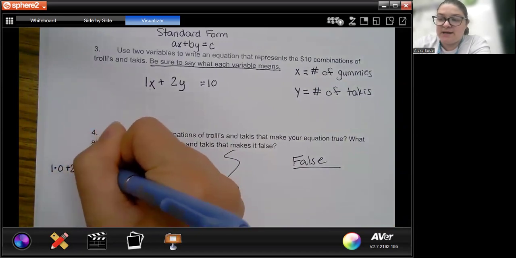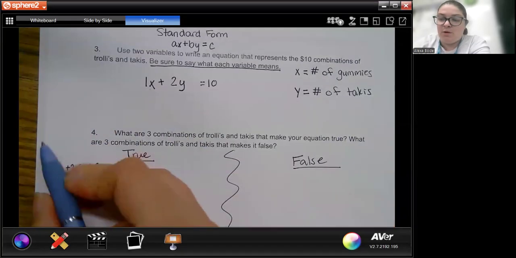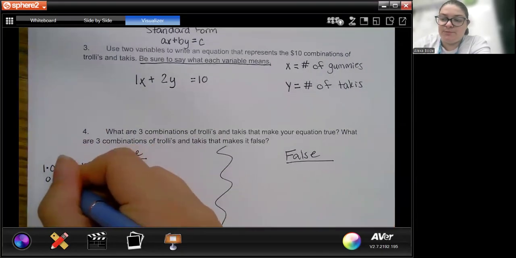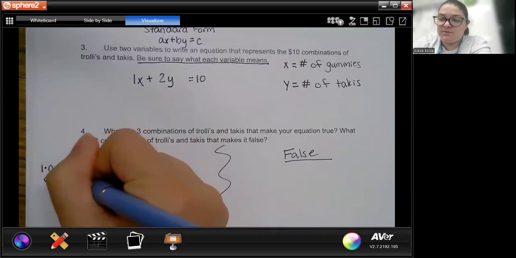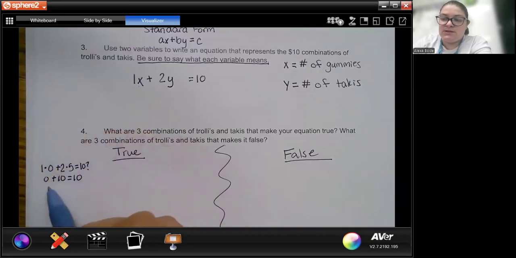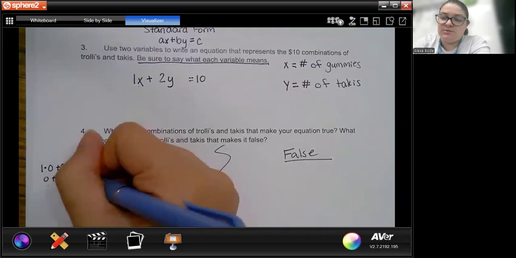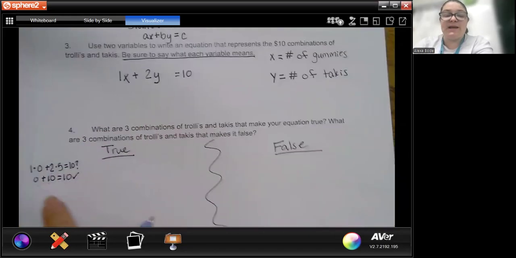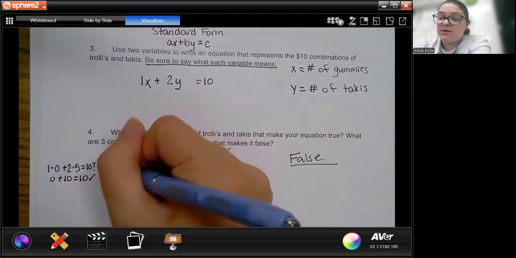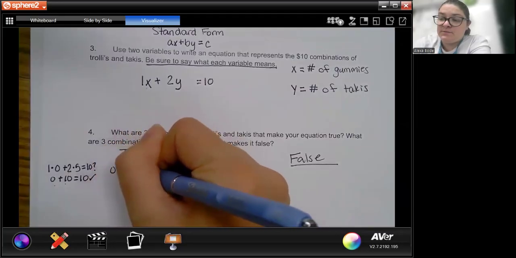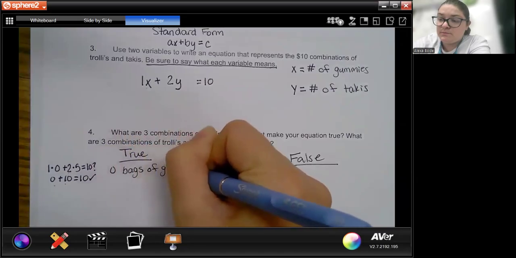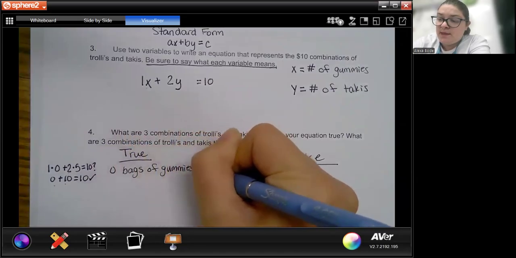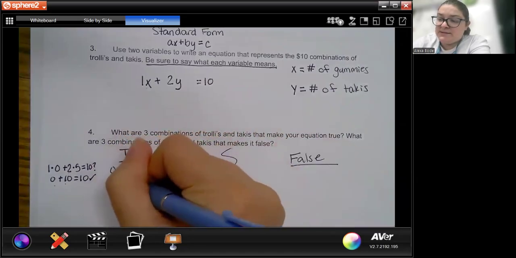Does that equal 10? Well, 1 times 0 is 0, plus 2 times 5 is 10. Does 0 plus 10 equal 10? Yes. So that is a combination that does work. 0 bags of gummies and 5 bags of Takis.